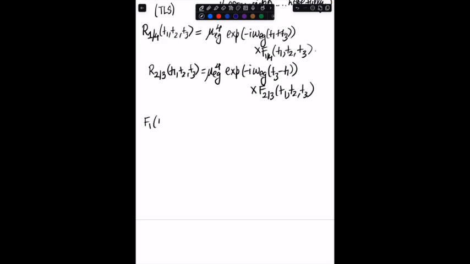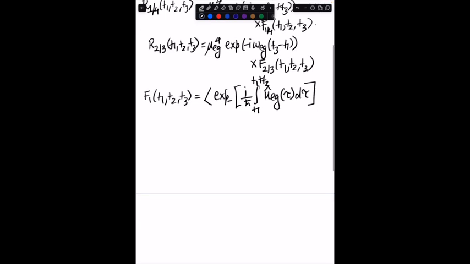So, F1 looks like this. You have a negative time ordered exponential from T1 to T1 plus T2 of the energy gap operator encoding the fluctuation in transition energy of the particular two-level system.